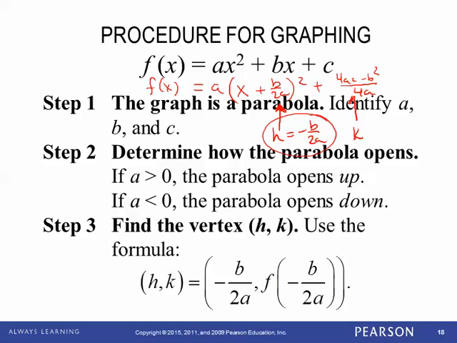I don't want to plug that in for K. But an easy way to do this is whatever I get for H, I'm going to plug that back into my function and figure out what the Y value is. That's what this says. I can figure out my H value this way, just plug in negative B over 2A. Once I know what this value is, I plug it back into my original function, and I can get my Y value right away. So let's see one in progress, and then let's try one together.